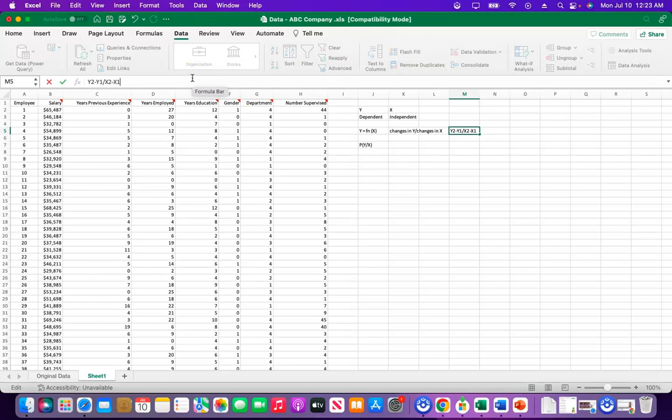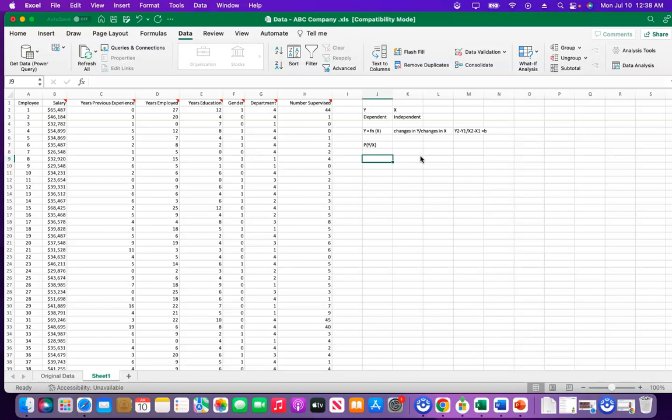And so by how much will y change? The answer is y will change by the slope. So this is actually the formula for the slope. We can write either m or b. Today I'm going to write b to indicate the slope. So when x changes per unit, y will change by the slope of x.